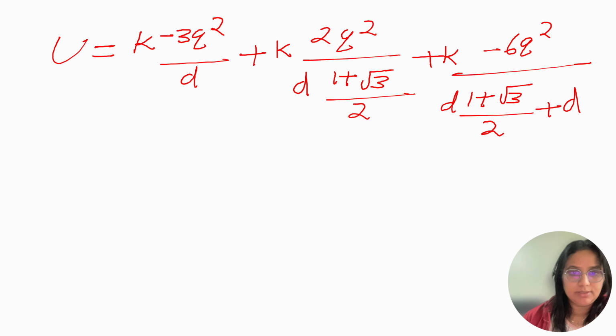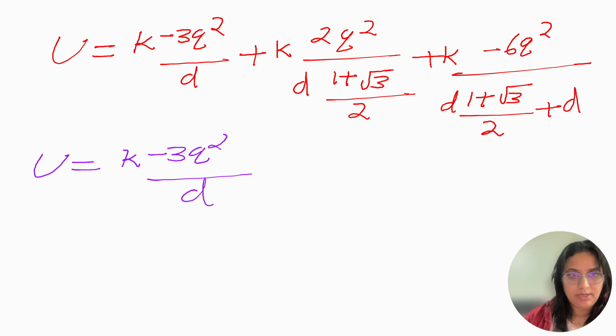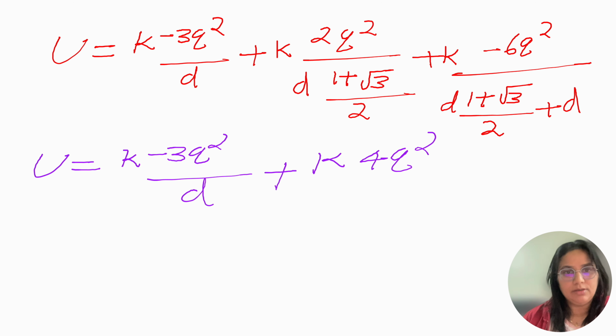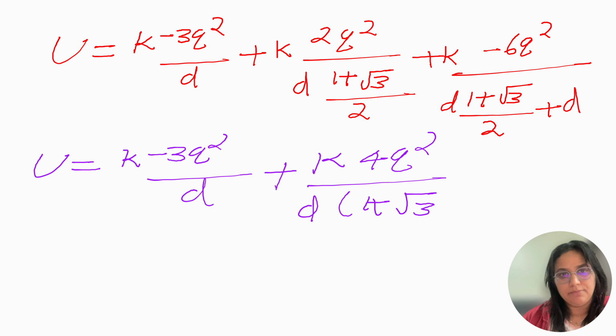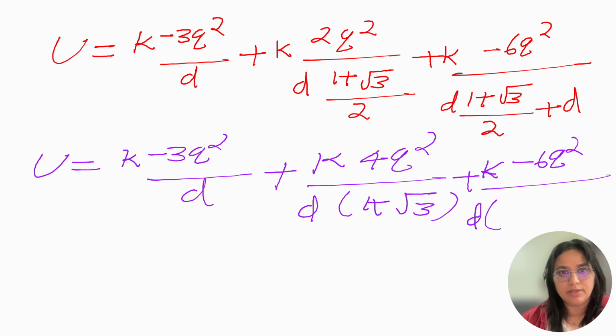If you simplify this, U is equal to K into minus 3q square divided by d, plus, taking 2 to the numerator, K into 4q square divided by d into 1 plus root 3, plus K into minus 6q square divided by, taking d as a common factor, 1 plus root 3 divided by 2 plus 1.